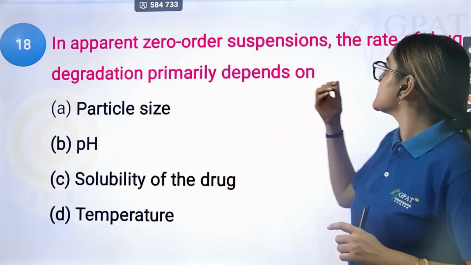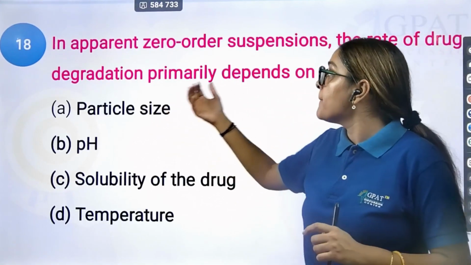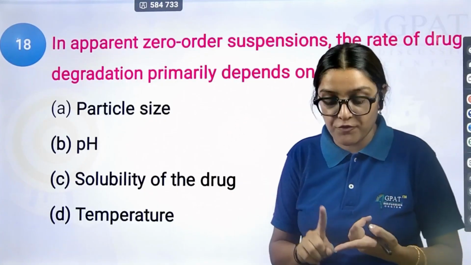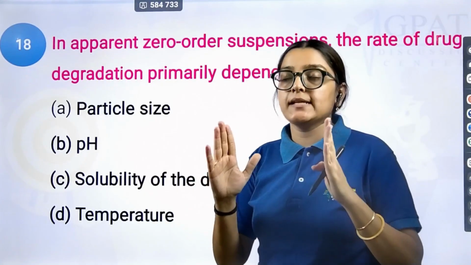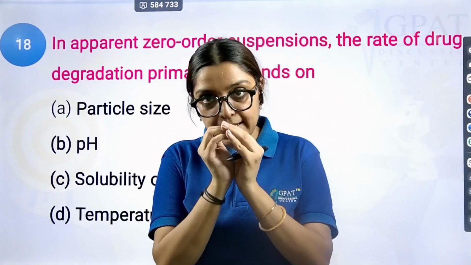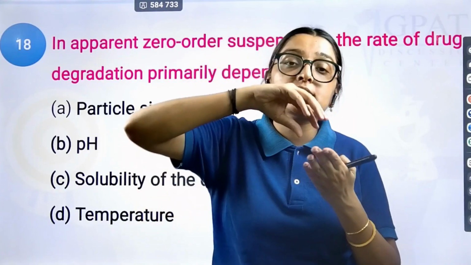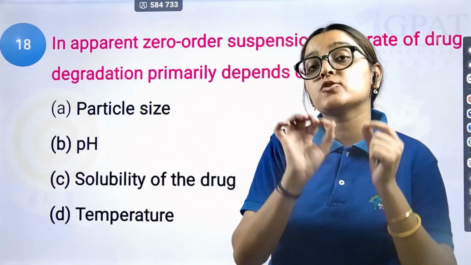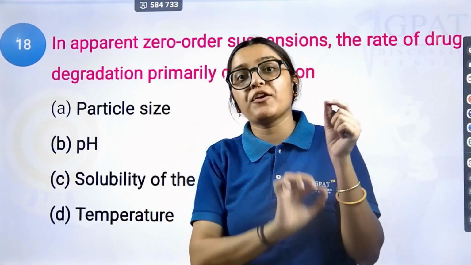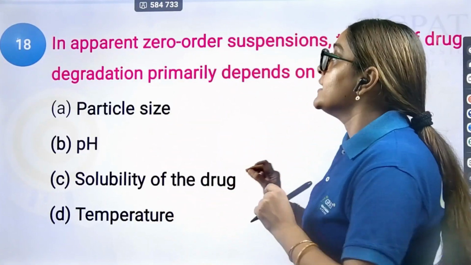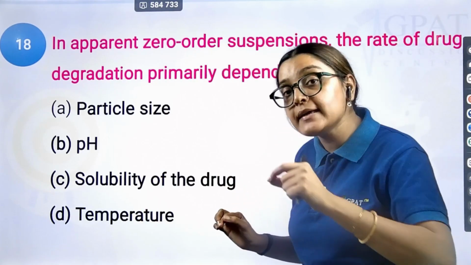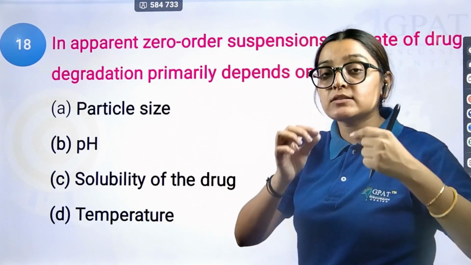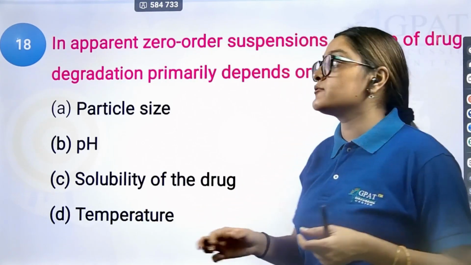Okay. Next, in apparent zero order suspensions, the rate of degradation primarily depends upon, just now I have told you that it contains drug particles in the sediment phase and in the solution phase. So slowly from the sediment phase, the particles are being solubilized into the solution phase and then they seem to be degraded, and this supply is referred to as continuous supply, constant amount. So this will be a zero order.